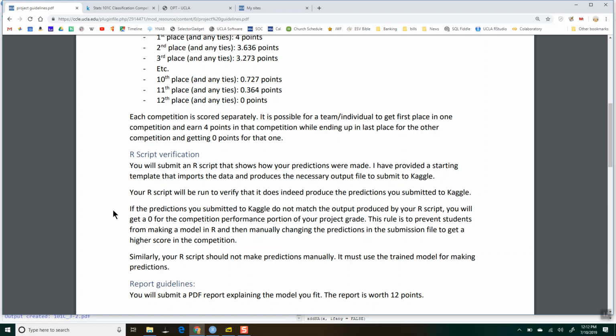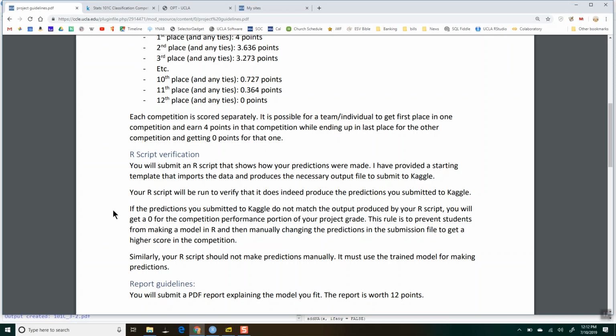But because I only have a total of 38 observations in the test set, I didn't want to split that into a public and private. So basically all 38 observations are used for the evaluation in the public leaderboard and the private leaderboard. So there's going to be no mystery. What you see on the public leaderboard is how you will be ranked at the end.